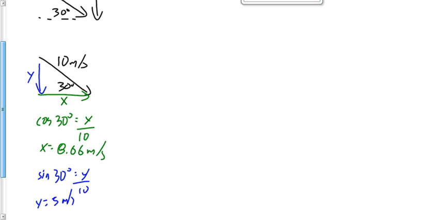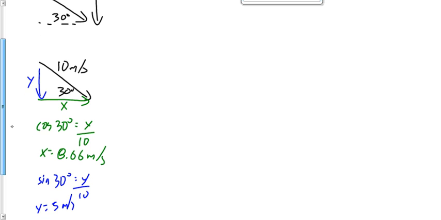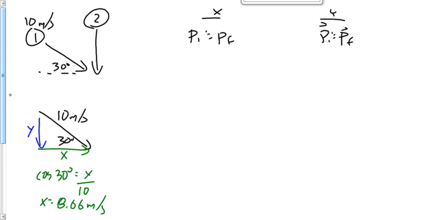All I've done is taken this 10 meters per second and gotten an x component and a y component for it. Now what I like to do is get rid of this. You don't have to, but my suggestion is erase that whole thing or redraw that whole thing.